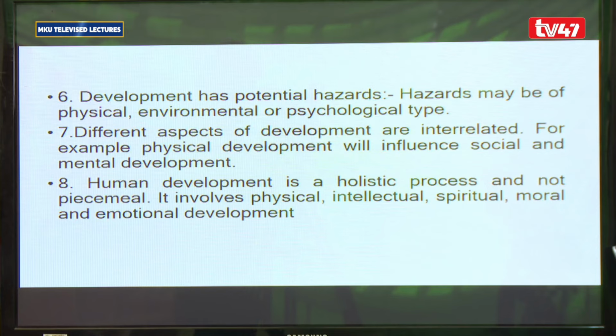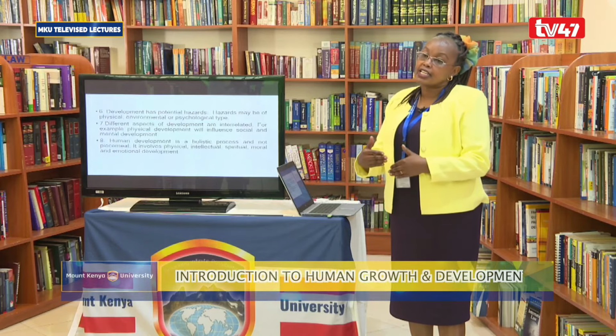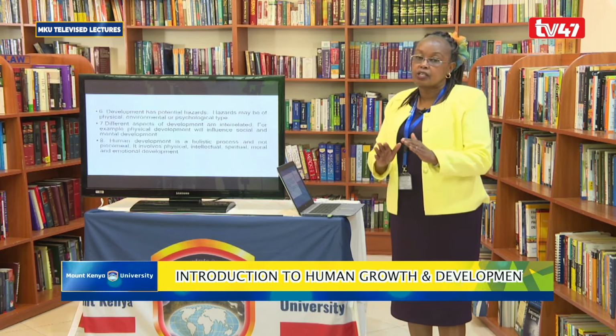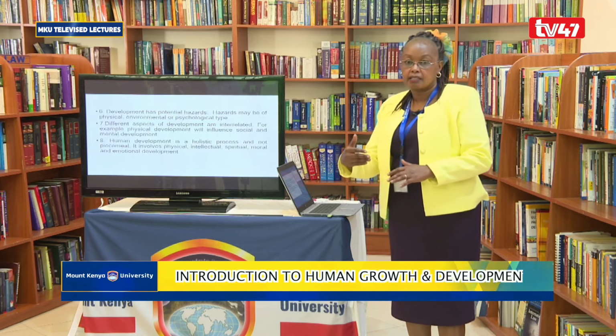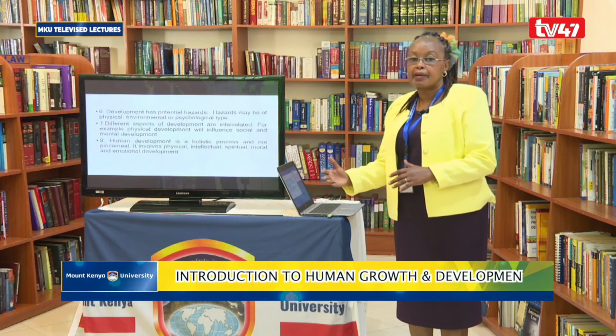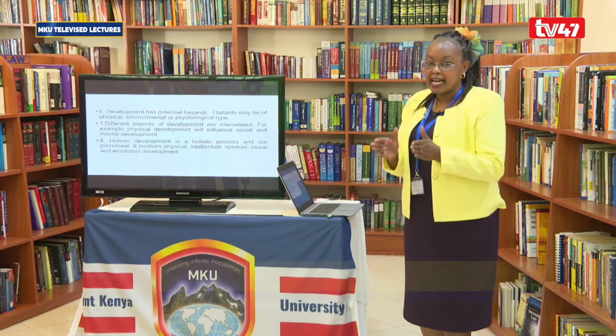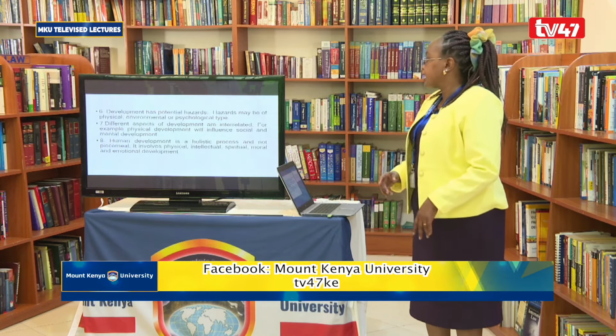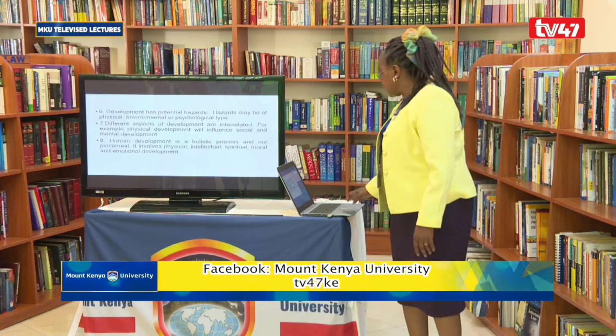That when the physical development is taking place, the intellectual one is also ongoing, spiritual, moral, cognitive, all of them are happening together. And therefore, for us to be able to understand this development, let's note that we do not start with physical, keep aside social and cognitive, and then later on come and pick whatever you left behind. When one aspect is developing, all the others are also developing. And that's why we are saying that it is a holistic process.